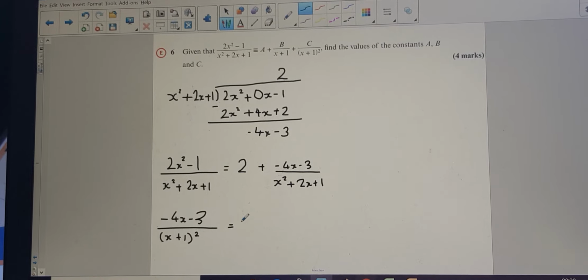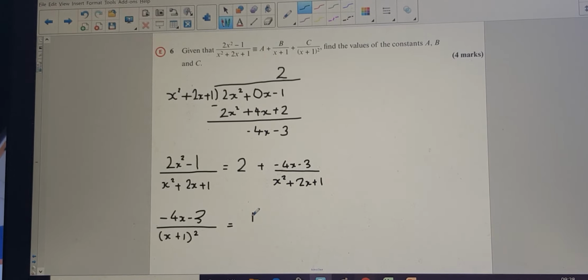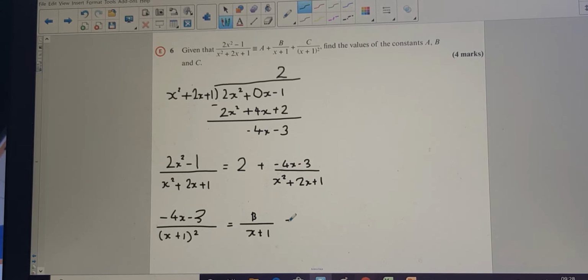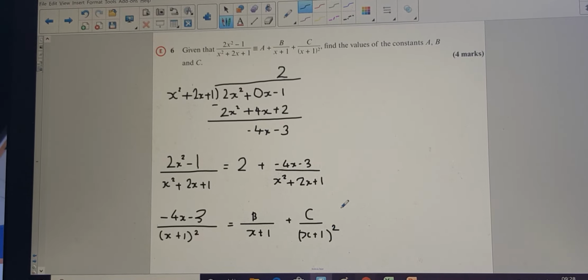Now, when I have a repeated root, that's going to give me b, i.e. something over x + 1 plus something else over (x + 1)². Always remember to do that, guys. If we have a repeated root, that's what we'll do.